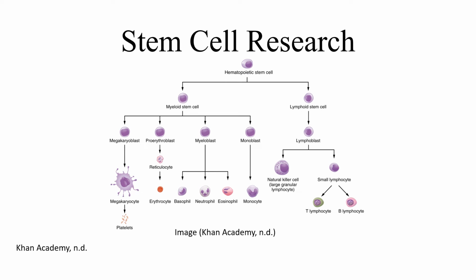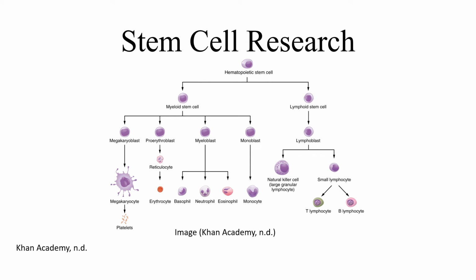The proerythroblast will form a reticulocyte, which will form your erythrocyte, which is your red blood cell. The myeloblast here, if you follow that down, is going to form 3 of your white blood cells, your basophil, neutrophil, and eosinophil.